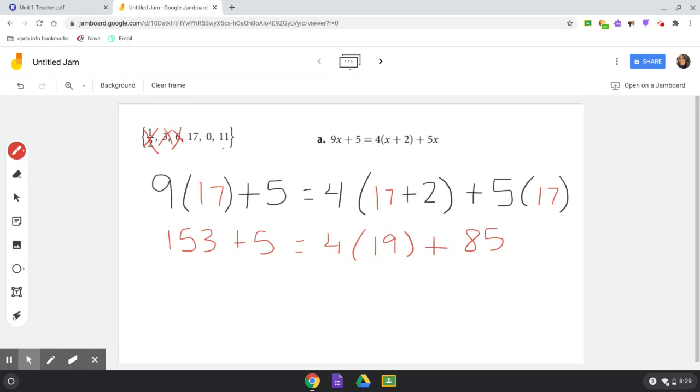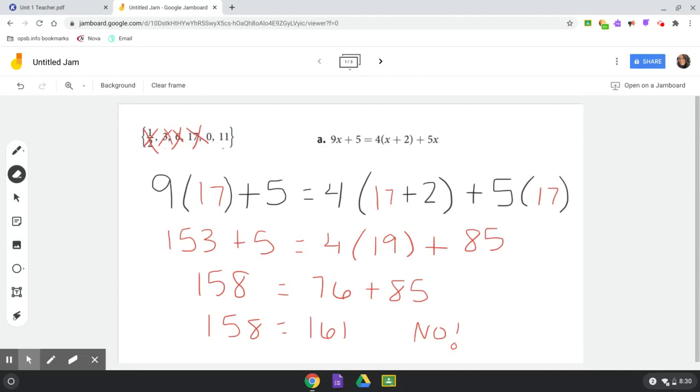Okay, 153 plus 5 is 158. 19 times 4 is 76. So now we've got 158 equals 76 plus 85, which is 161. So no, that's not a solution either, because 158 does not equal 161. So 17 is not a solution. So let's erase 17 and put in our next value.